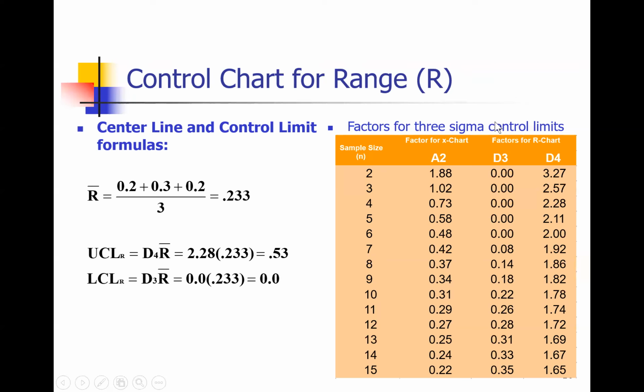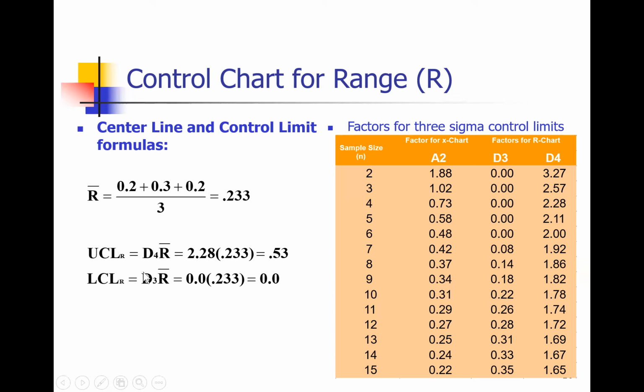Observation size is 4 and the D4 value is 2.28. D4 doesn't mean number of samples; you will use it from your information. 2.28 multiplied by R bar.